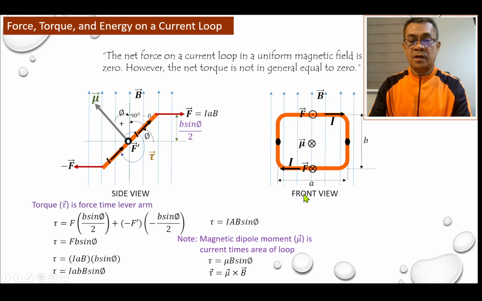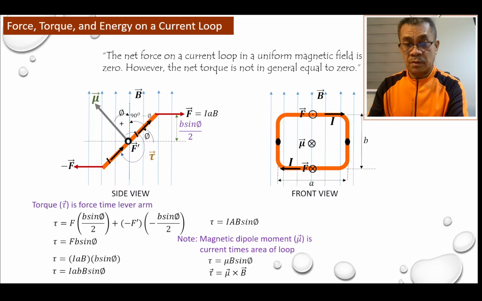Or if you have the magnetic field in the surrounding and you have the conductor in the form of a loop, but you don't have the current, then there's no torque.